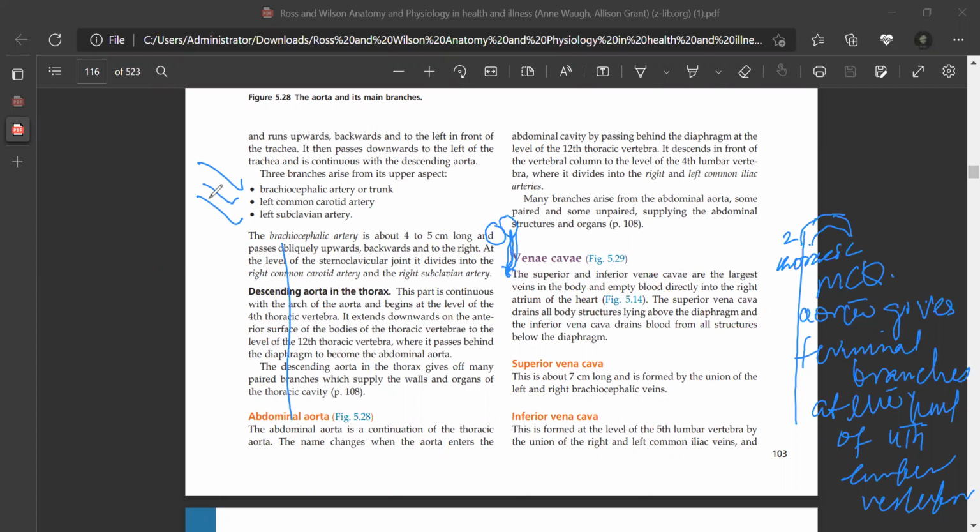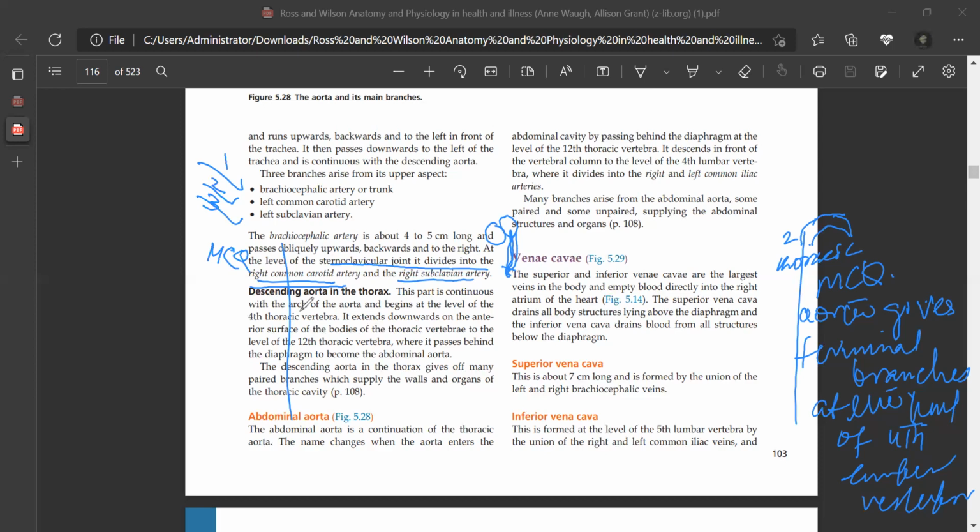At the level of the sternoclavicular joint, it divides into the right common carotid and right subclavian artery. Again, an MCQ can ask the level of the division of the brachiocephalic artery.